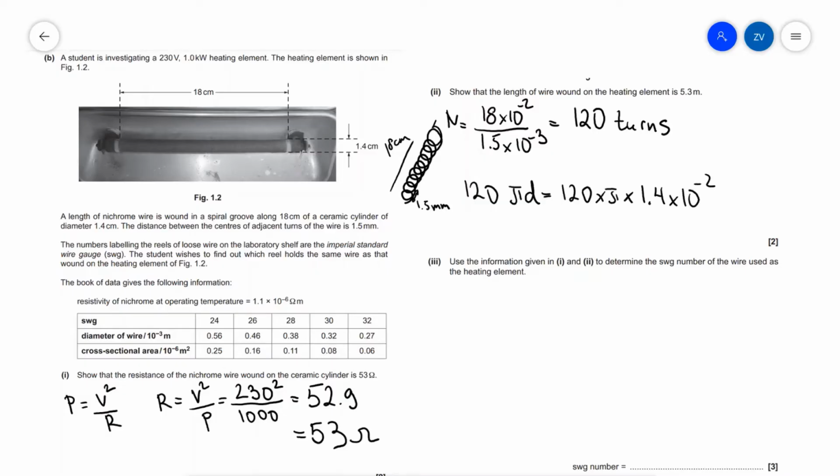And as if by magic, when we put that into a calculator, we get 5.28, which up to two significant figures is approximately equal to 5.3 meters. Okay, on to part 3.